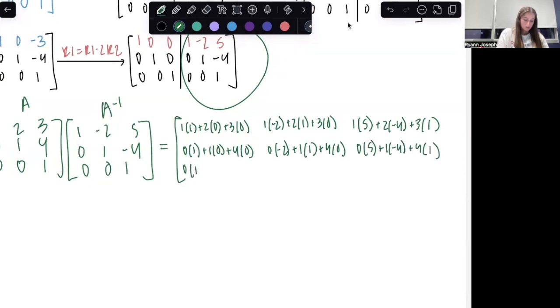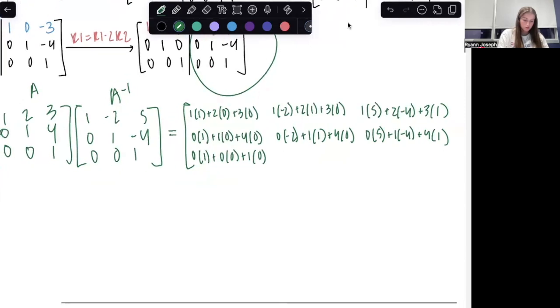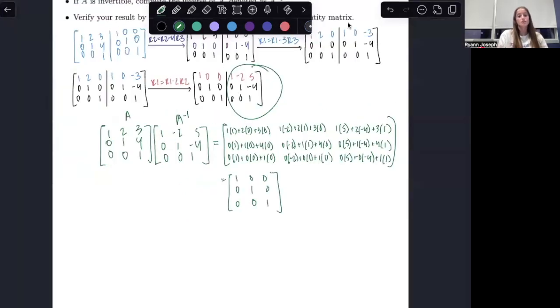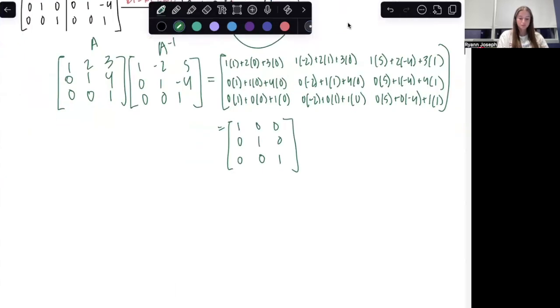And lastly, 0 times 1 plus 0 times 0 plus 0 times 1, then 0 times negative 2 plus 0 times 1 plus 1 times 0, and 0 times 5 plus 0 times negative 4 plus 1 times 1. Looking at this all together, everything that's not along the diagonal becomes zero. So we see that the product of A times its inverse is equal to the identity matrix.